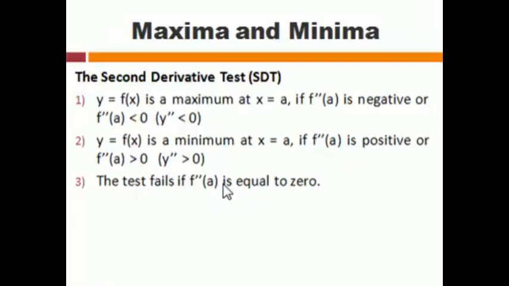So this is how you determine the maximum and minimum point using the second derivative. The test will fail if f double prime a is equal to 0. If f double prime a is equal to 0, it means that the point is neither maximum nor minimum.